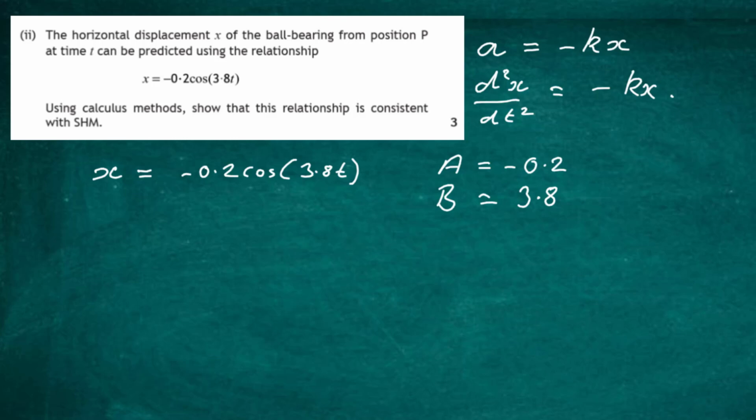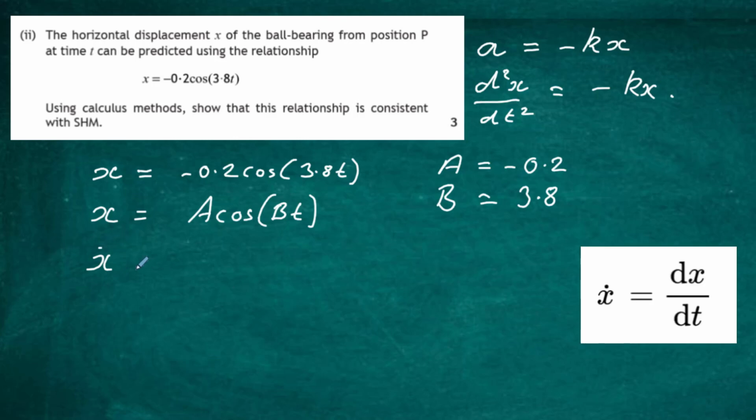So I can write the equation for x as a cos of bt. Remember, a and b are constants. Now that makes the formula for the horizontal displacement x a little easier to work with. So first of all we take the first derivative, and I'll write it as x dot. x dot means dx by dt. So taking the derivative of this function with respect to t, we're going to end up with ab.